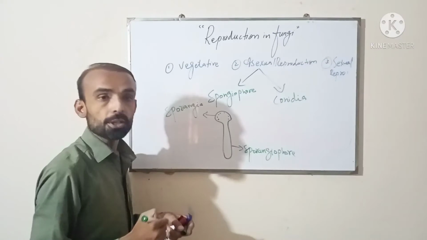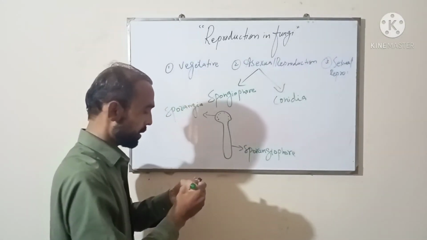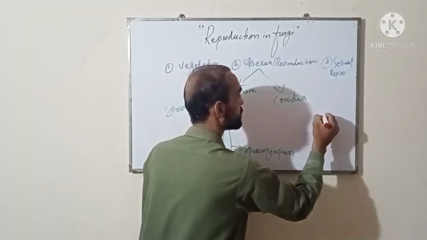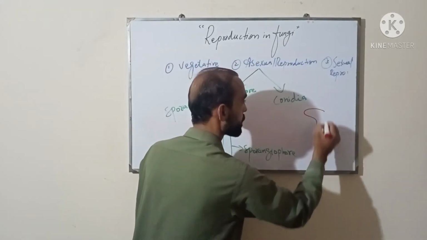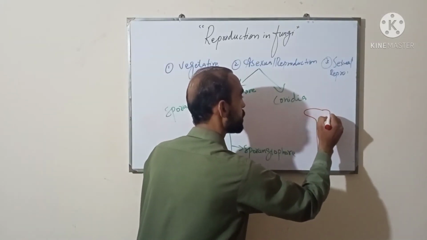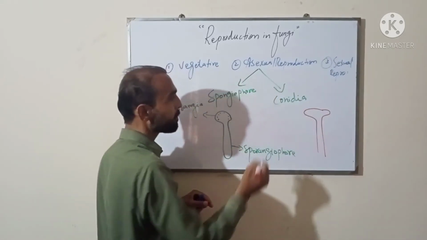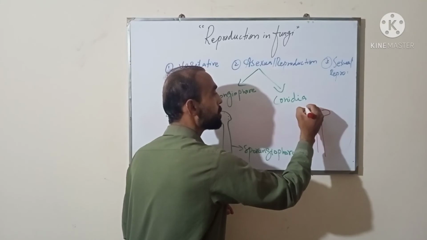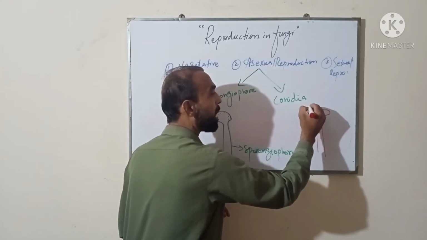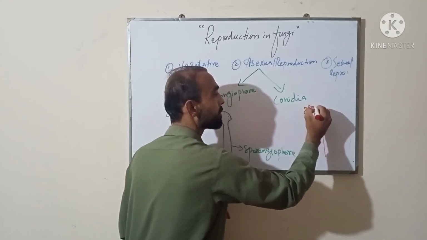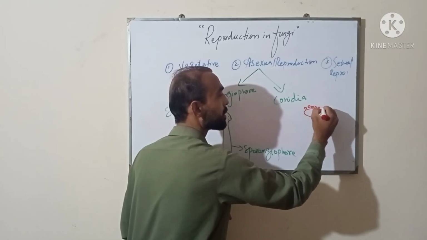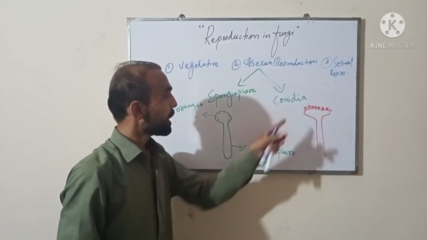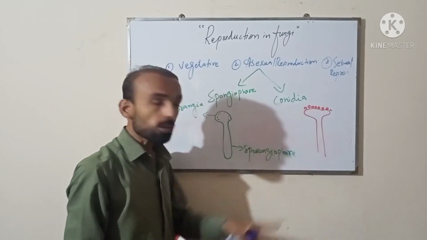But in conidia, look at this. What happens in conidia? In conidia, the spores are present at the tip of hyphae, but not inside of the sporangia.